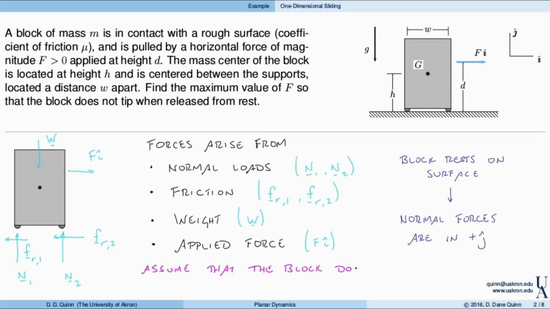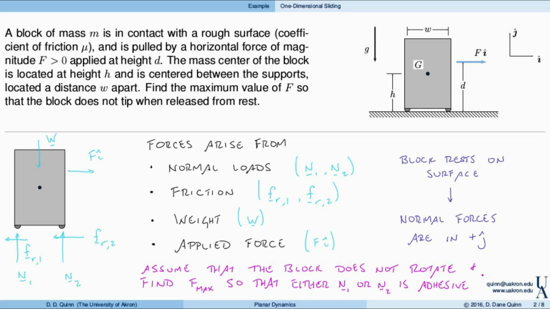So when we solve for momentum balance, we're going to make the assumption that the angular acceleration of the block is 0, and then find the maximum value of the applied load, so we'll call that F max, so that either of these normal loads, N1 or N2, is adhesive.